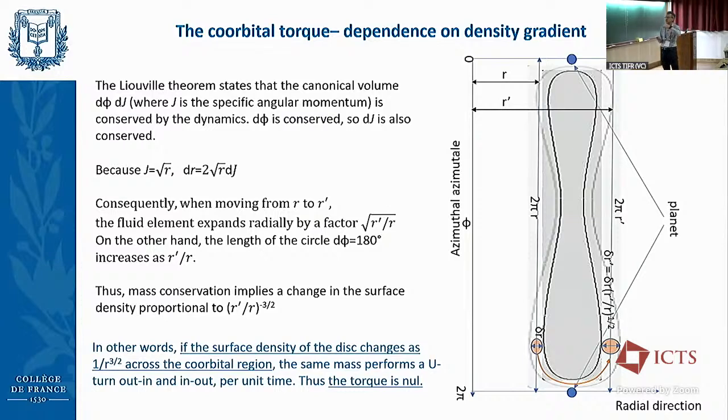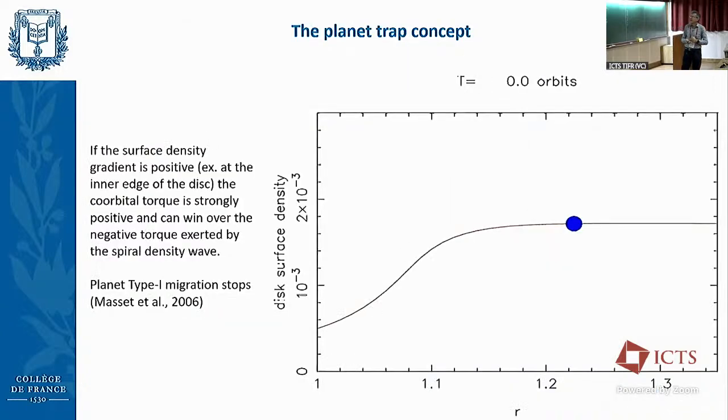And if the disk is shallower than this, then you have more mass doing this U-turn than this U-turn, and so the planet is actually slowed down. In particular, if the density gradient is positive, so it's not like 1 over r to the power 3 half, but even a positive function of the distance, then this co-orbital torque can become positive and very strong and can win over the negative torque exerted by the spiral density wave.